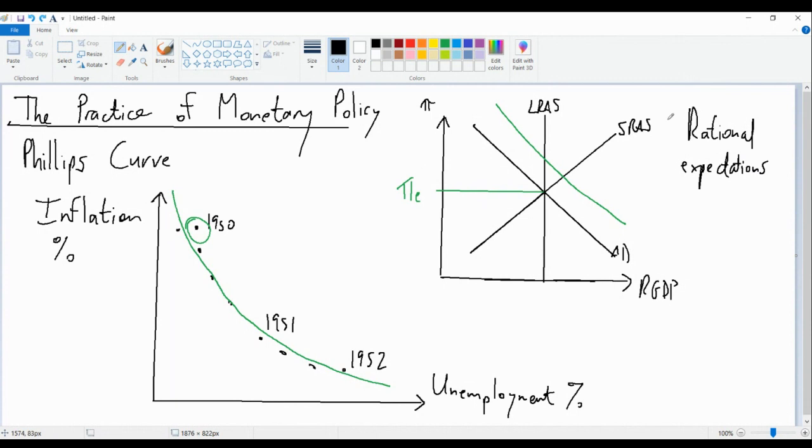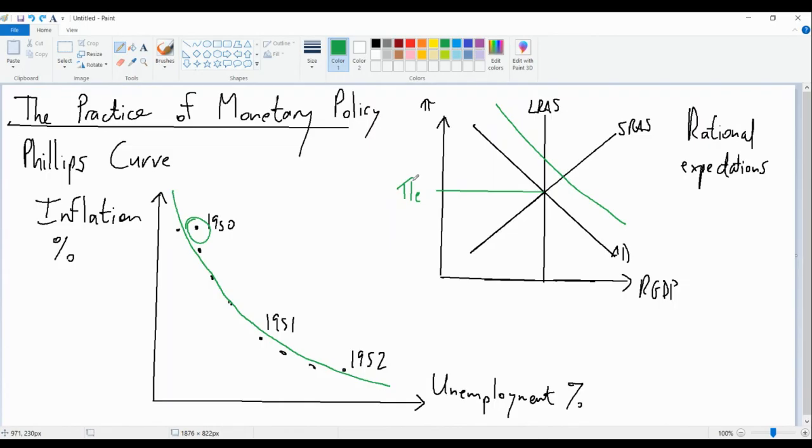And if the Fed says we are going to target high inflation and low unemployment, that's valuable information about the future. If you know the Fed is going to do this, why would your expected inflation stay the same? It should increase because you know the inflation's coming.